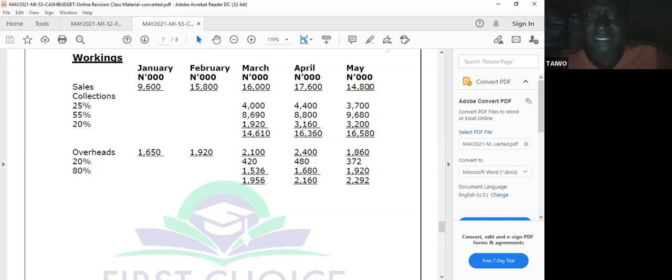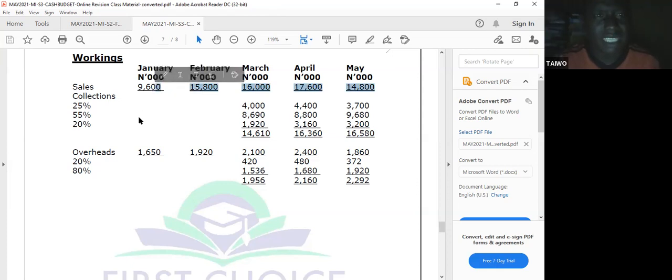These are the sales for each of these months, from January to February, March, April, May. But they said you collect 25% in the month of sales, 55% in the month after, and 20% in the third month. Now look at it. Now use your calculator.